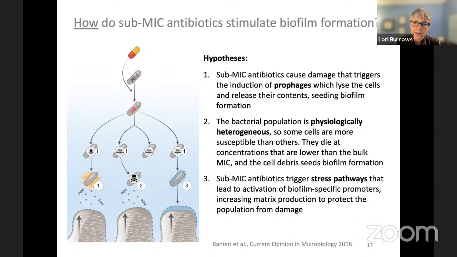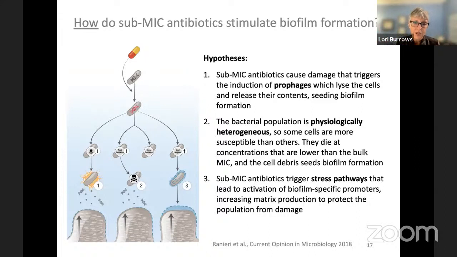The second hypothesis is that I told you biofilms are physiologically heterogeneous, right? So some cells are more susceptible than others within that cluster of biofilm. So one particular concentration of antibiotic could kill the more susceptible cells, but not the more resistant cells. And those dead susceptible cells will also lyse and feed the remaining cells.